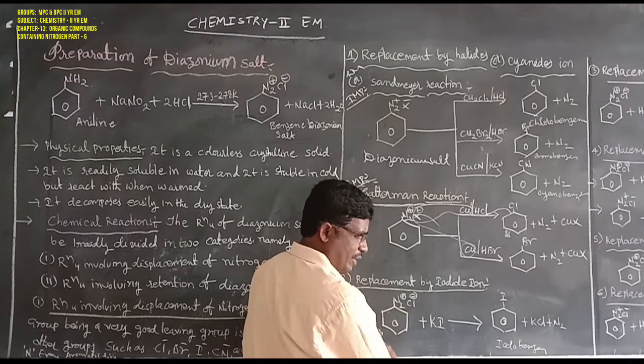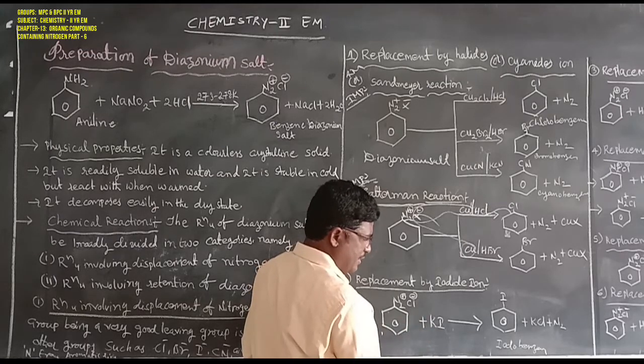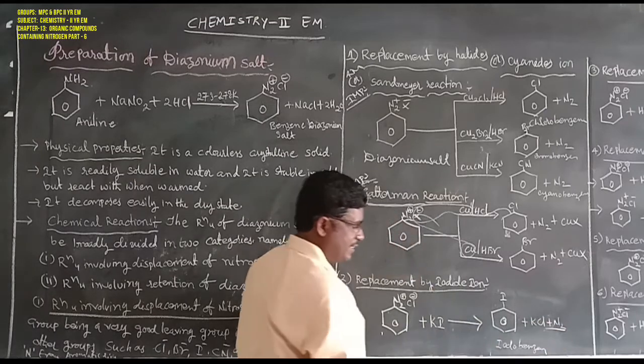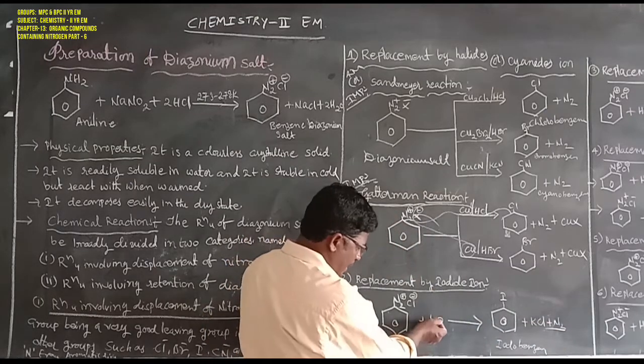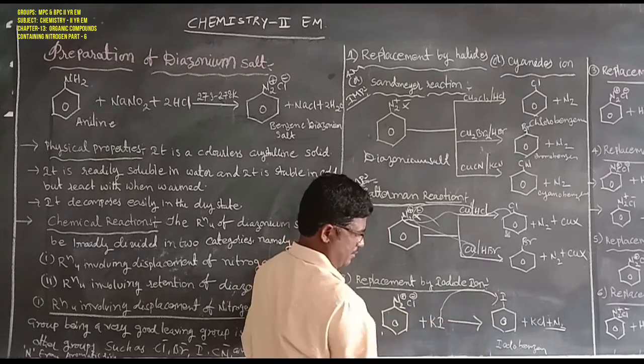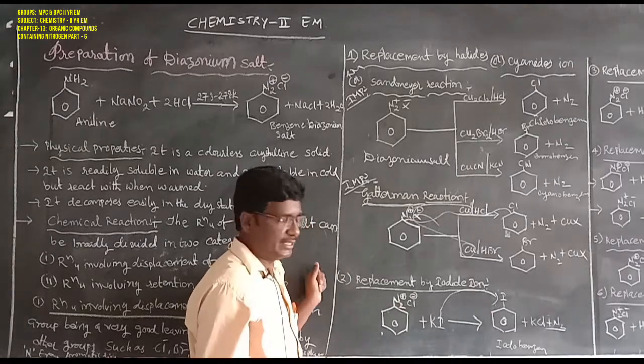Benzene diazonium chloride treated with potassium iodide forms iodobenzene. The N2 functional group, the diazo group, is displaced and replaced by iodine. Benzene bonding with iodine forms iodobenzene.